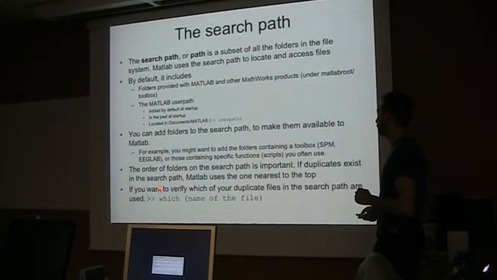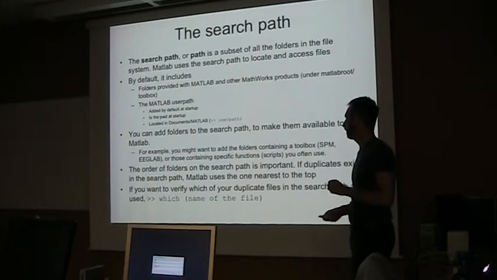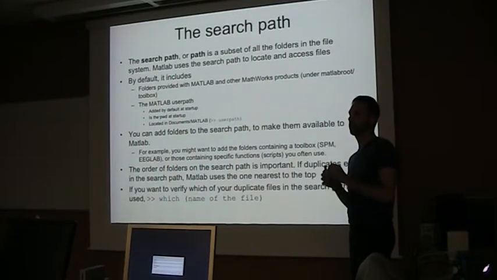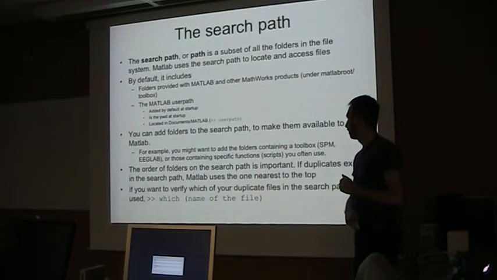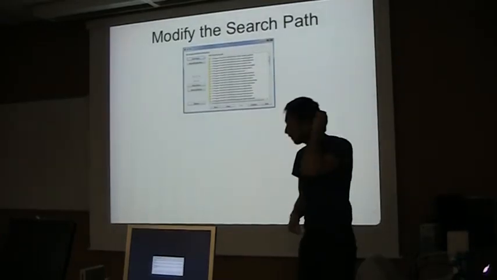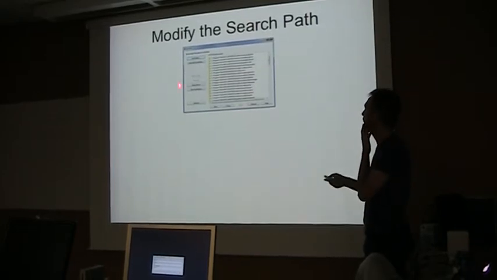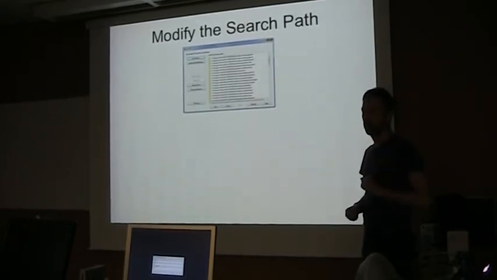You can also see duplicates of your files in your search path using which, followed for example by the name of the function or toolbox. How do you modify the search path? This is a slightly older version, I guess 2012.